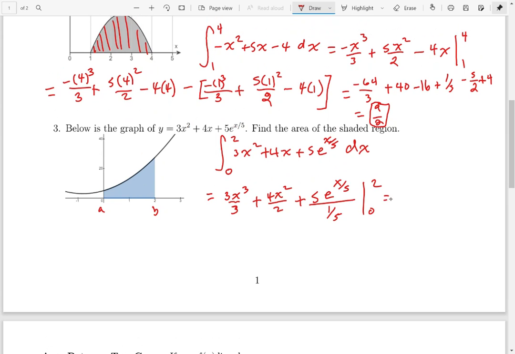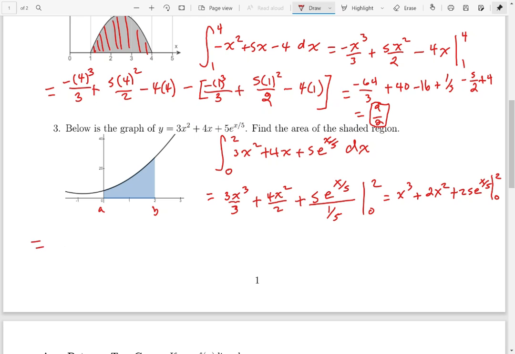And I'm going to go ahead and do the simplification here, because 3 divided by 3 is going to give us 1, so this is x cubed plus 4 over 2 is 2x squared. And then 5 divided by 1/5 is multiplied by the reciprocal of the denominator, and so that's going to be plus 25e to the x over 5. And then we're evaluating it from 0 to 2.